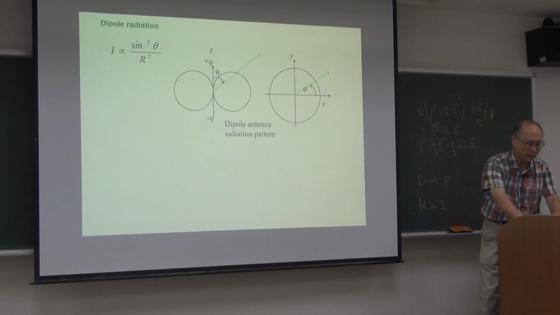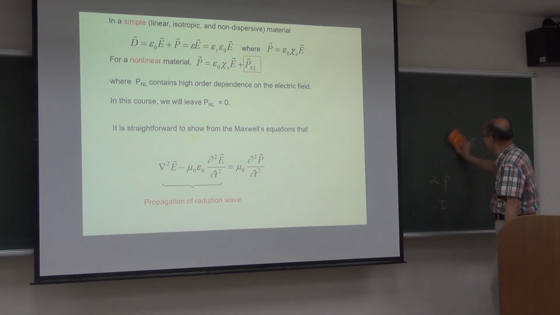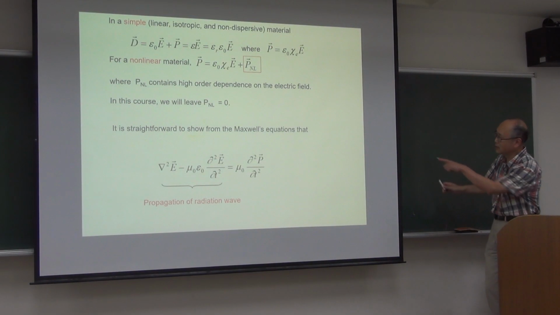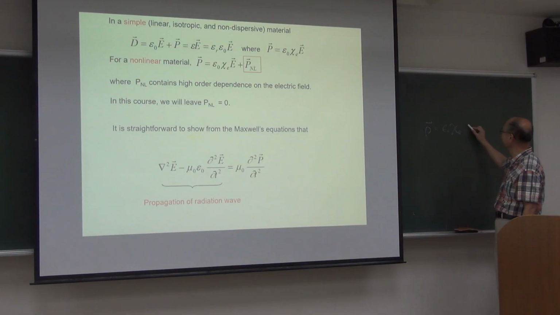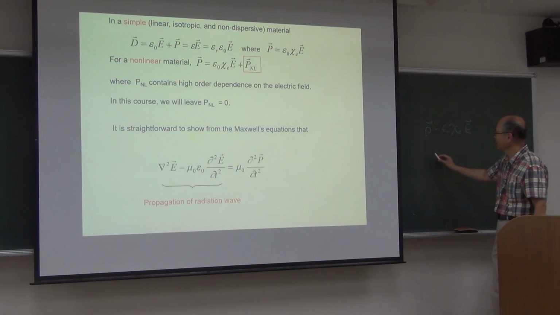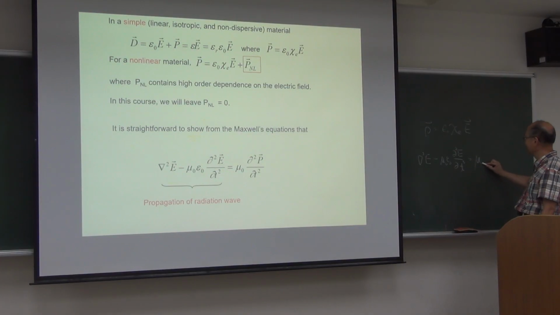If we go back to this expression, P is equal to epsilon naught chi E times the electric field. Then you have the Laplacian of E minus mu naught epsilon naught times the double time derivative of E, and on the right hand side you have mu naught epsilon naught chi E times the double derivative of the electric field.